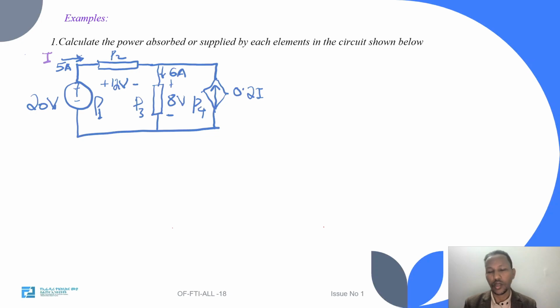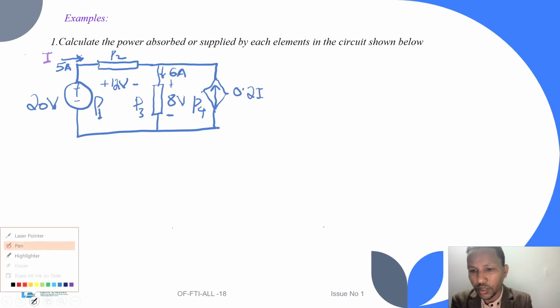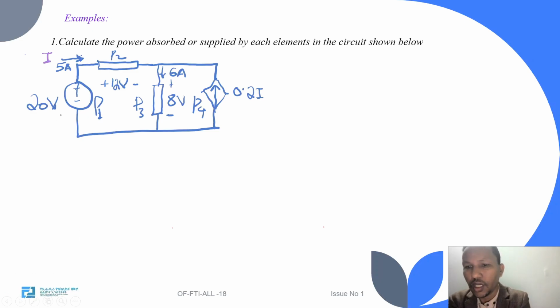As you can see, all the quantities are given in the circuit. We have two types of sources: one independent voltage source and the other one is a dependent current source.